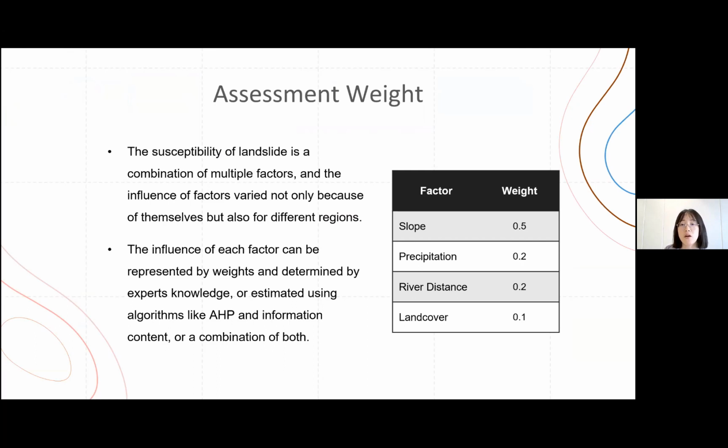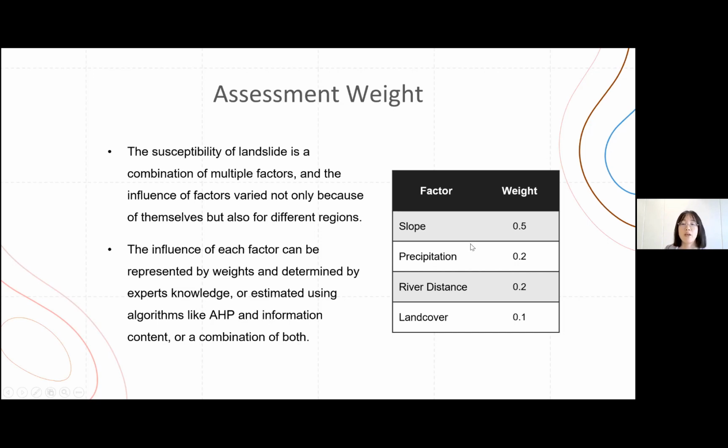So the weights we designed in this case are specifically for our study area in Brazil. If you change your study area, maybe you also have to change the weights you use for the assessment calculation.